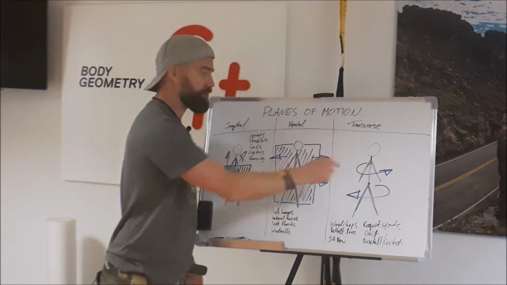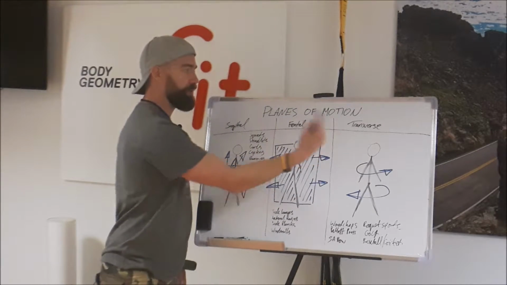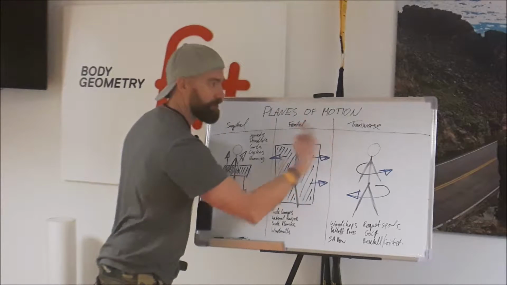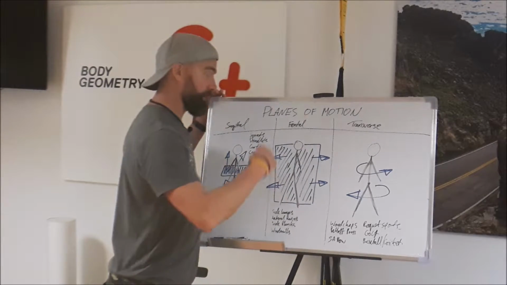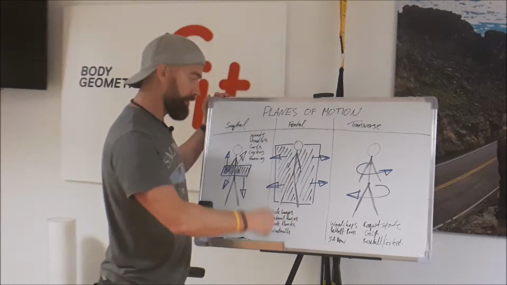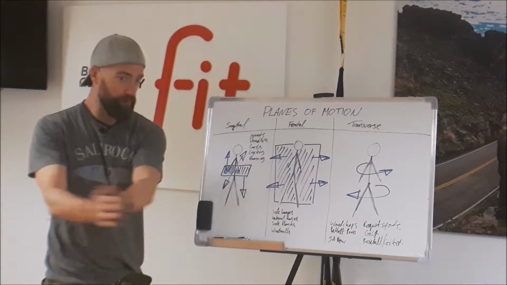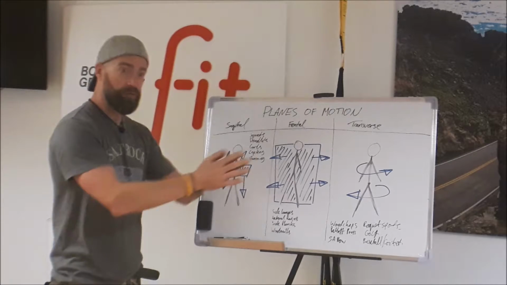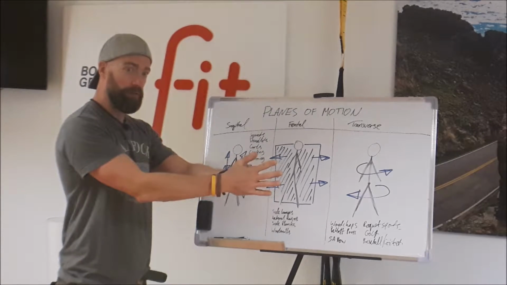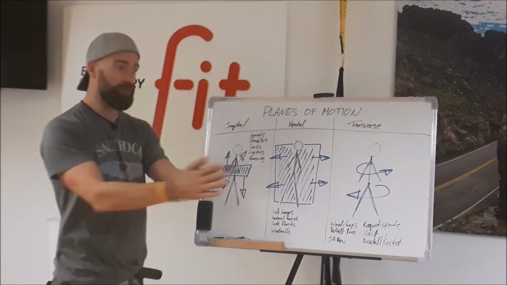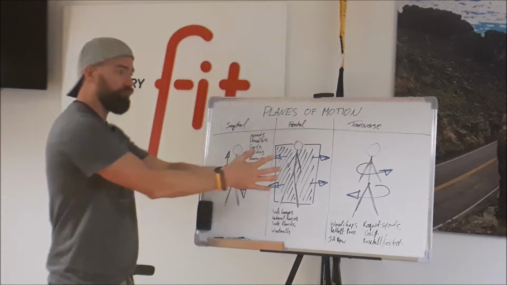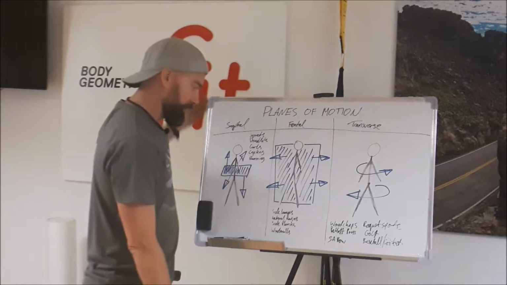And then transverse, this is the one that confuses people the most, but essentially it's your rotational axis. Some of the exercises that are involved in the transverse plane are wood chops, Pallof press, which is your anti-rotation version. So whereas wood chops, you're actively rotating with resistance, with the Pallof press, you're resisting the rotation.